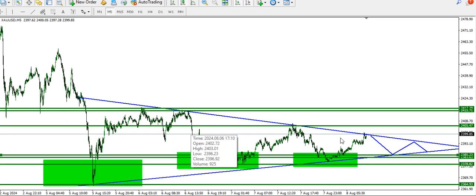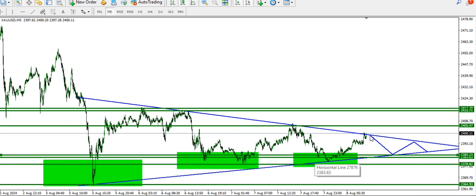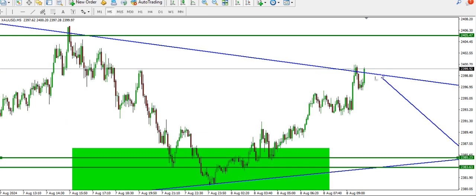Looking at the triple bottom breakout, the current breakout that is happening, price is breaking out. You might want to buy gold for now. If it gets to 2405, it might possibly drop to test the descending trend line to find support and then continue its way up.